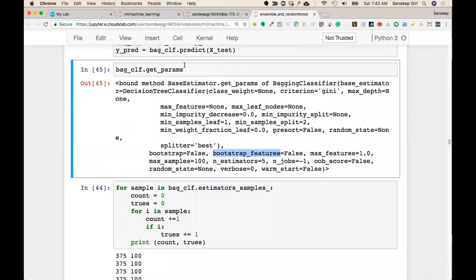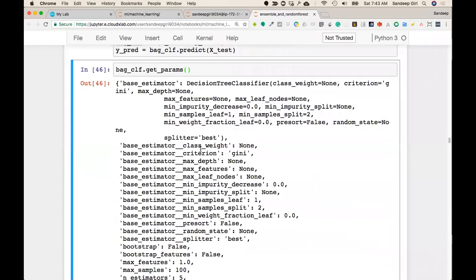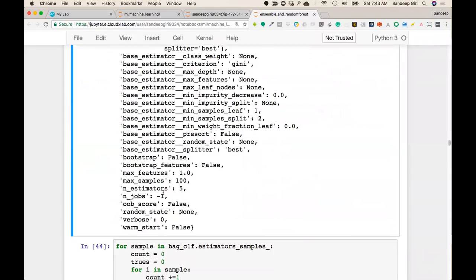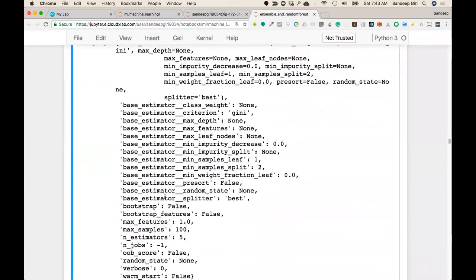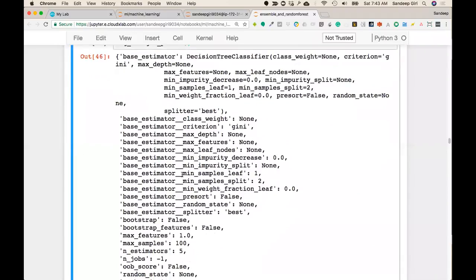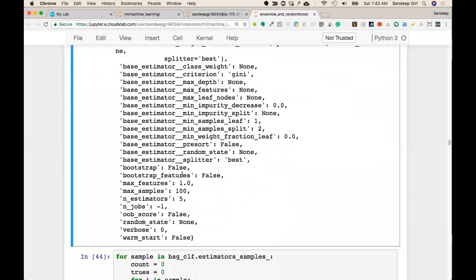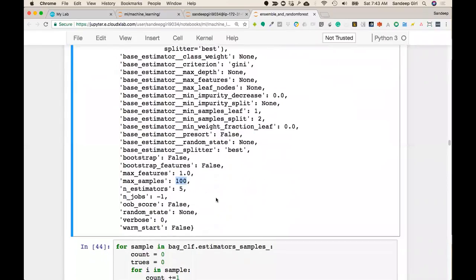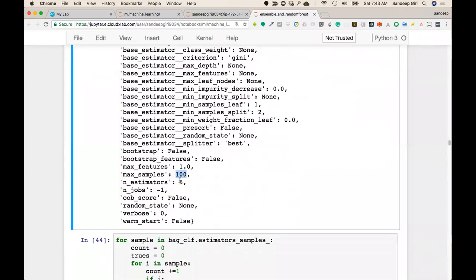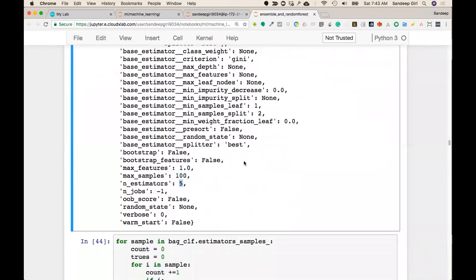Here we are saying max samples is this much and number of jobs is this much and so on.